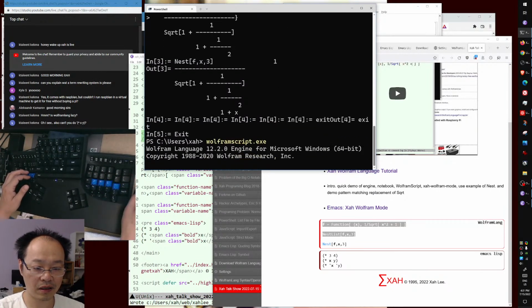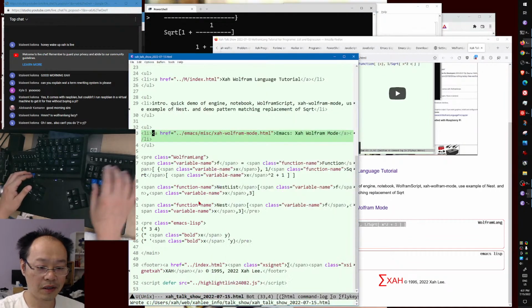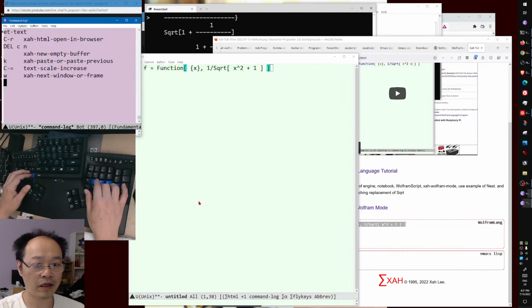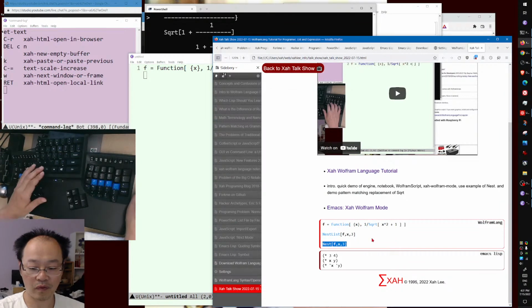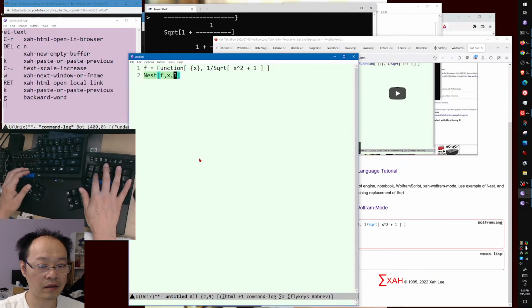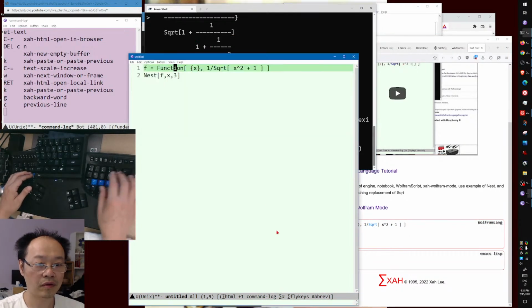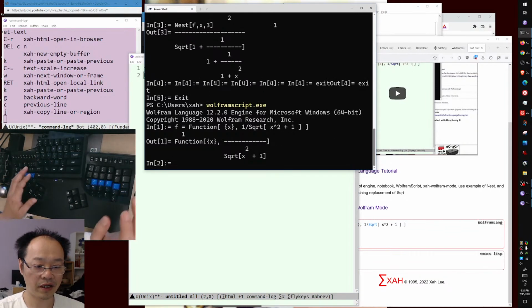Let's start again. So copy that. Okay, magnify, and we want to nest it. Paste it. We define the function.